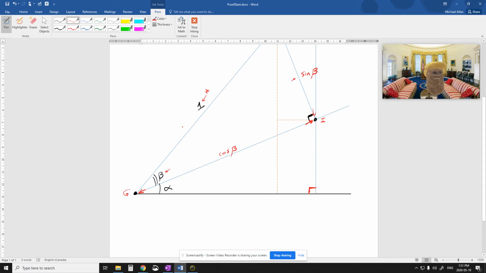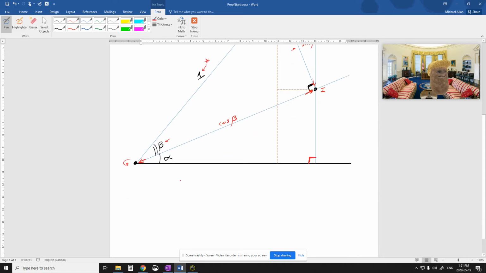A few other things I can get from this idea is that alpha at the bottom here. Now, this is where it's going to get a little bit tricky, because the hypotenuse of the triangle for alpha is not 1, it's cos beta. So if I want to do sine alpha, that's me trying to find this question mark over here, because that would be the opposite side.